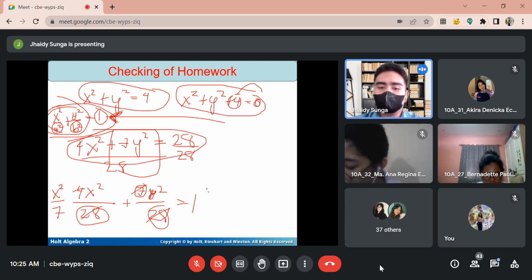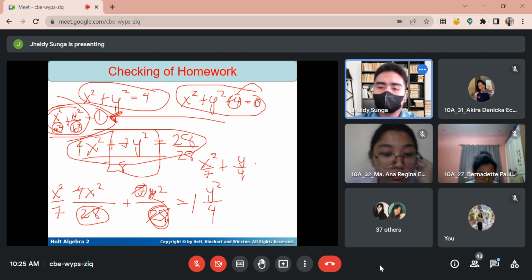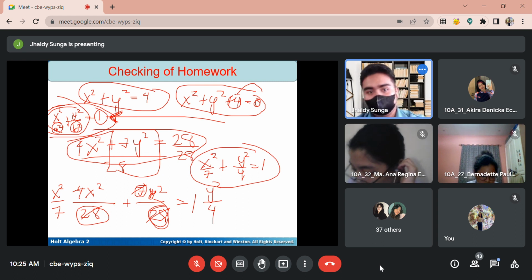So we have y squared, then 4. Okay, because 7 times 4 is 28. Correct? Now, if you have x squared over 7 plus y squared over 4 is equal to 1, you can now proceed to find the ellipse. Correct? That is for the ellipse first.